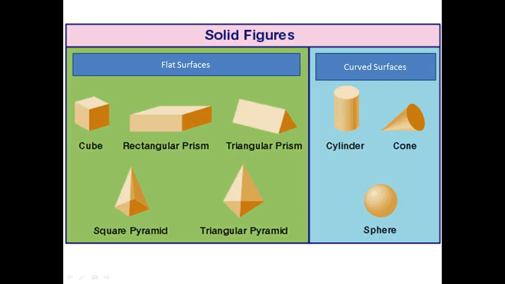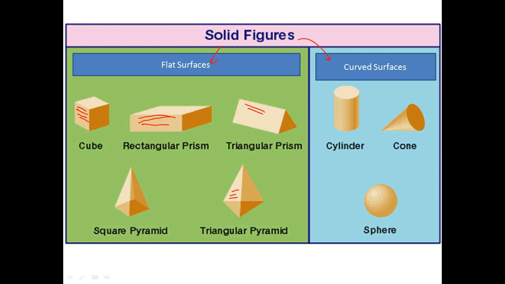Now the solid figures could have flat surfaces or curved surfaces. What do we mean by flat? Flat means it's flat this way, as you can see, and here as well flat, it's straight. Okay, and here flat as well. Same here, flat.